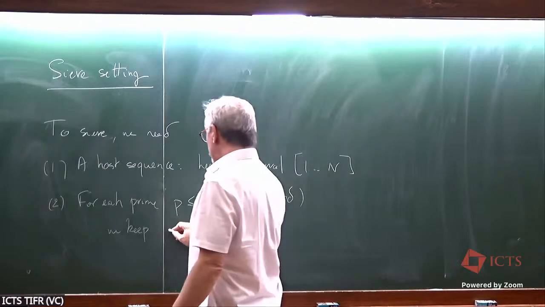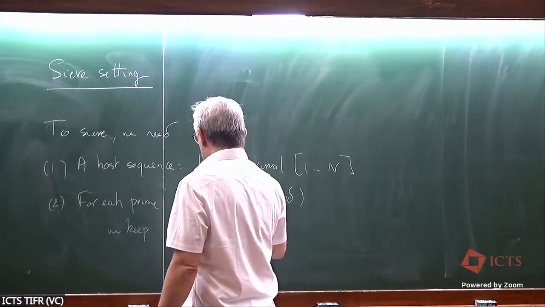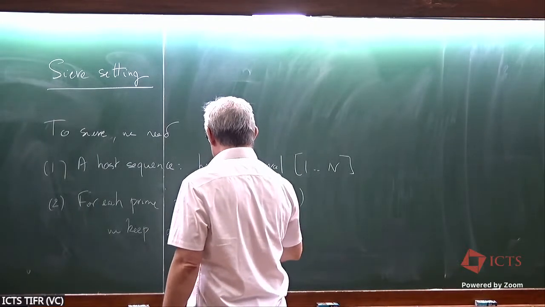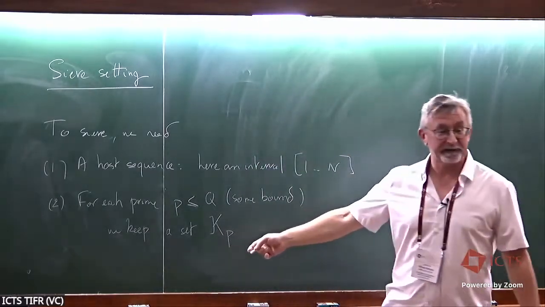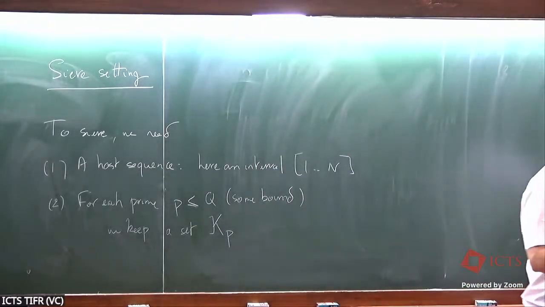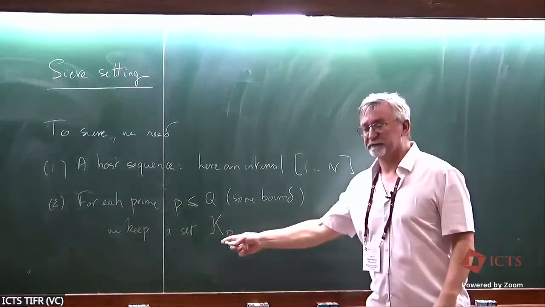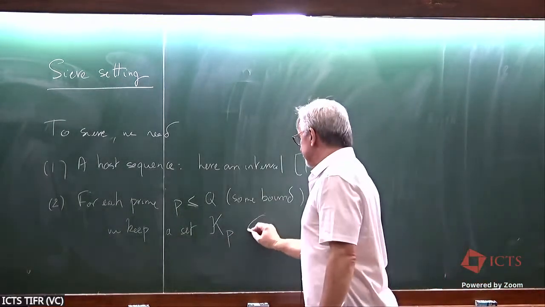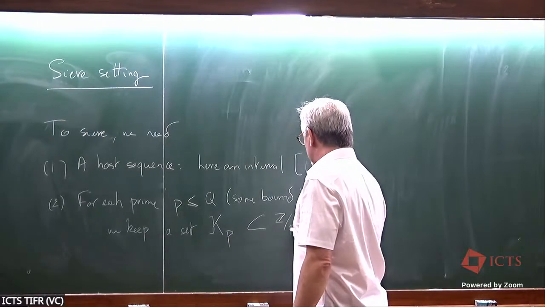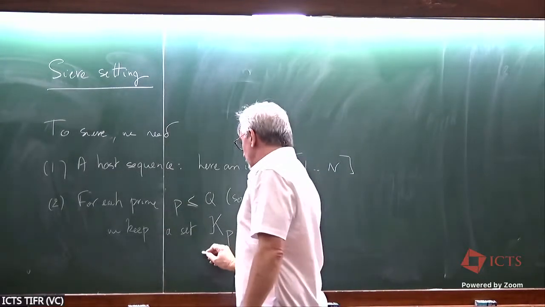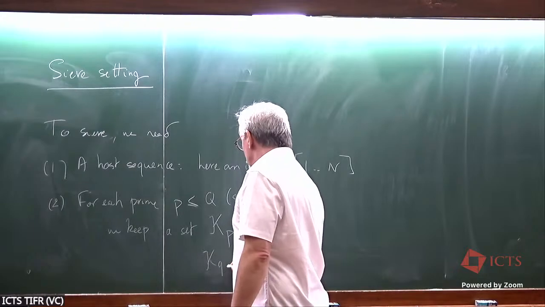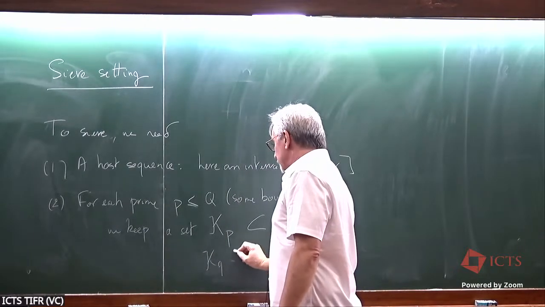We keep a set which I'm going to call K_p. That's a capital K, a LaTeX calligraphic K. But if you see that in my notes, it's a set inside Z/pZ. And I need to define K_q, which is by multiplicativity.